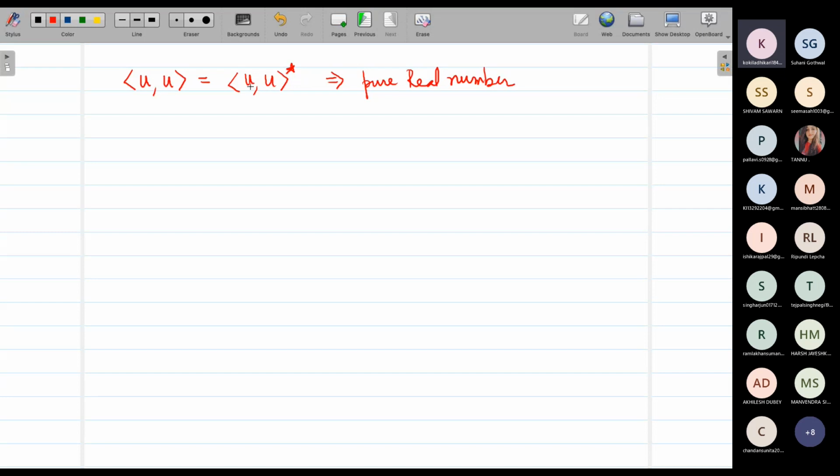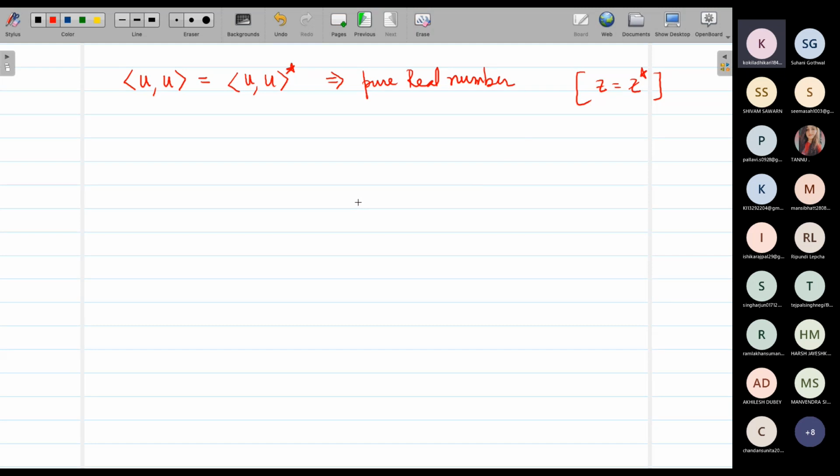Now see one thing, even though the product in itself can be a complex number, by defining this to be conjugate symmetric, the product of the vector with itself is going to be a pure real number. Those of you who can, try to think about it: what happens if z is equal to z star, where z is a complex number?